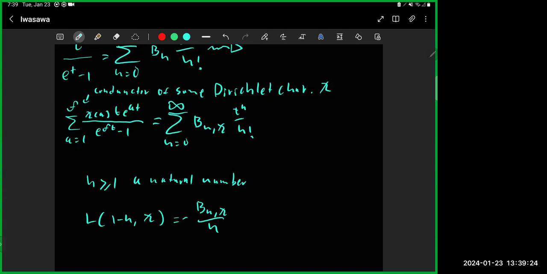So we know a lot about the negative integer values of L functions, but we barely know anything about the positive integer values of L functions. So this is about as best as we can get to evaluating what we currently know.